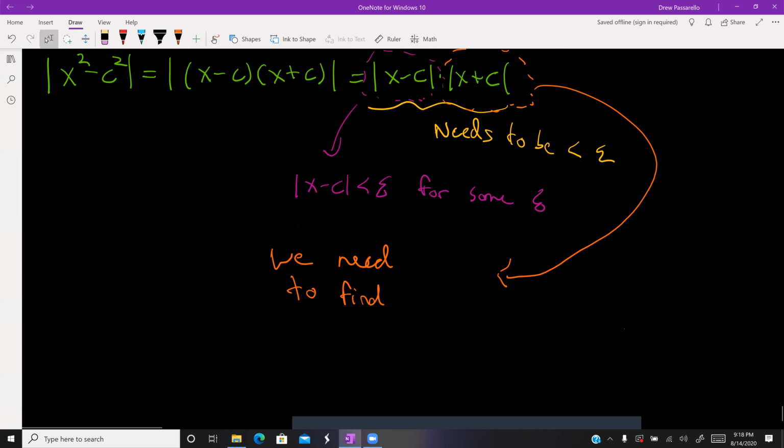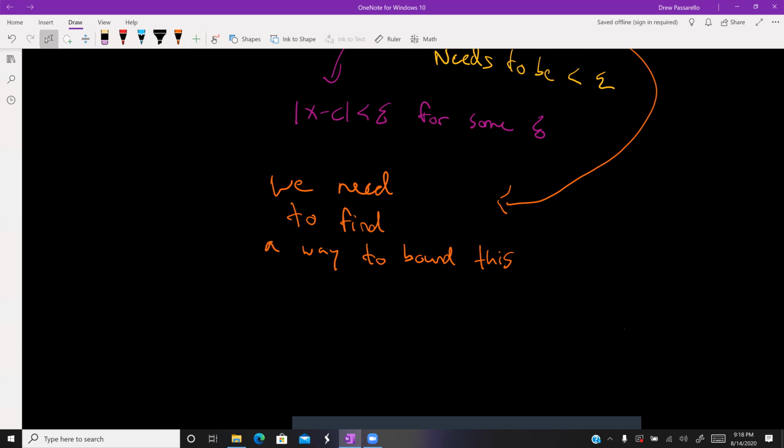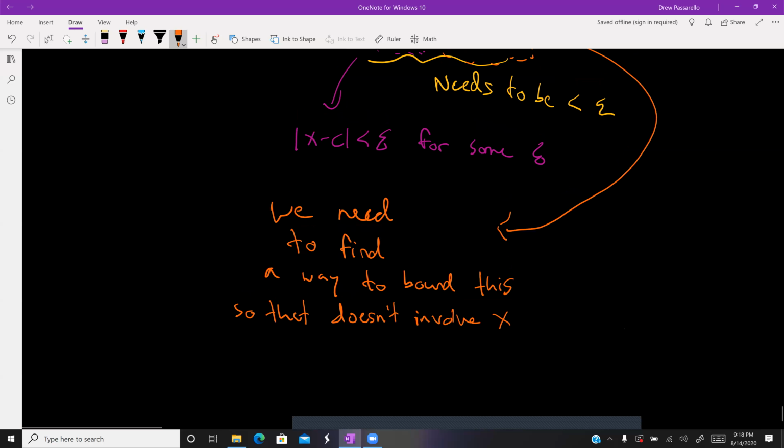So we need to find a way to bound this. All right, that's what we need to do. And so that bound doesn't involve this variable x, because we can't have it depend on x. All right, so that's what we need to show.